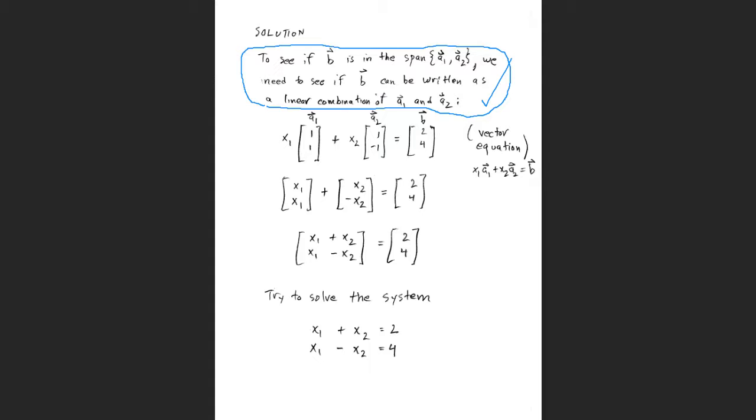If B is a linear combination of A1 and A2, that means some scalar x1 times the vector A1, plus some scalar x2 times the vector A2 will equal the vector B. If there were scalars x1 and x2 that exist, in other words, if a solution x1, x2 exists, then B can be written as a linear combination of A1 and A2.